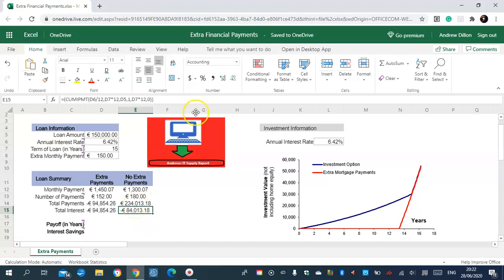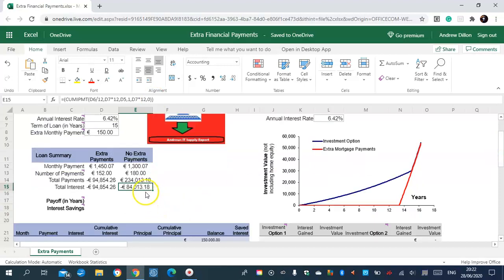Okay, to fix the problem. The problem is I had to add 2 brackets at the end, as I only used 1, which caused a problem. So that's fixed, and the answer is minus €84,000.